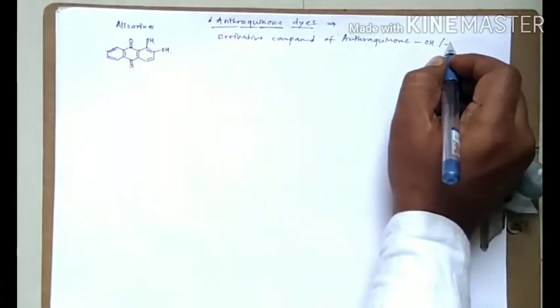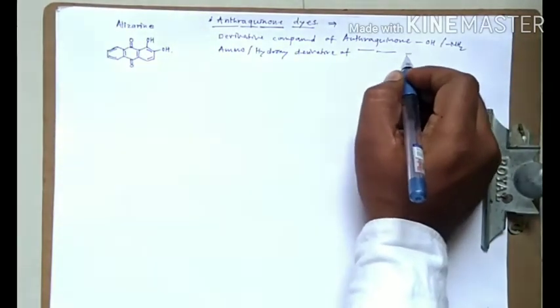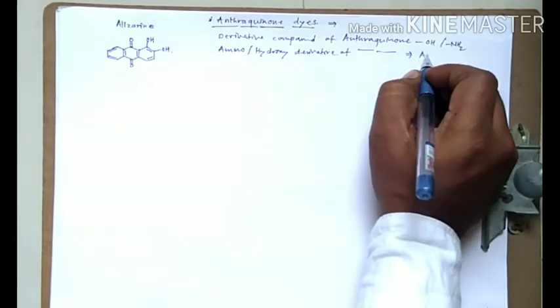Amino or hydroxy derivative. That means the amino or hydroxy derivative of anthraquinone is called anthraquinone dye.